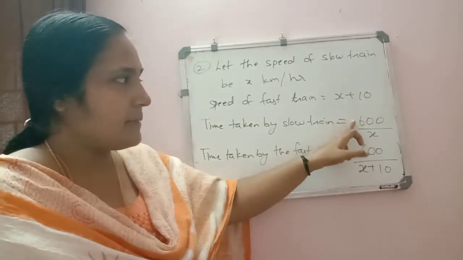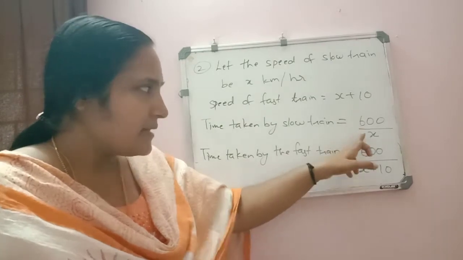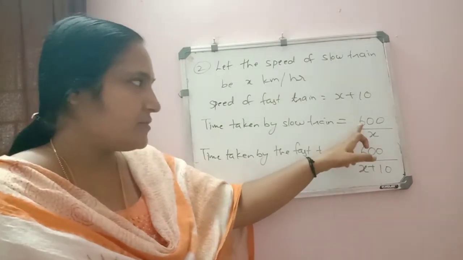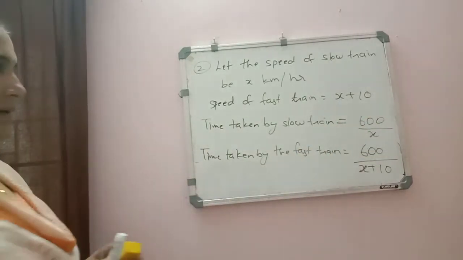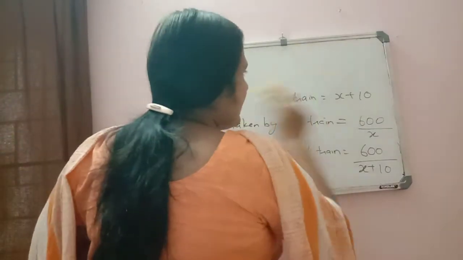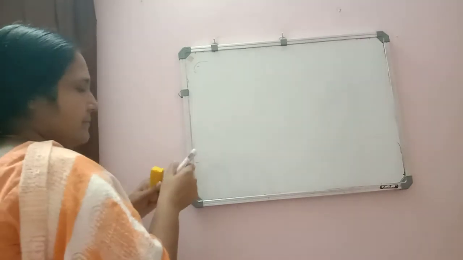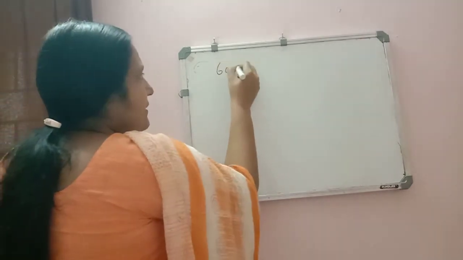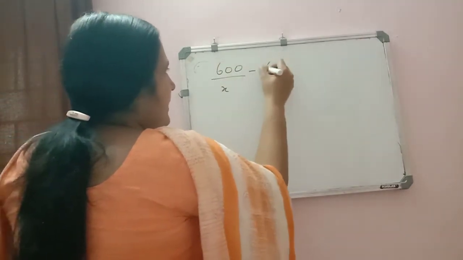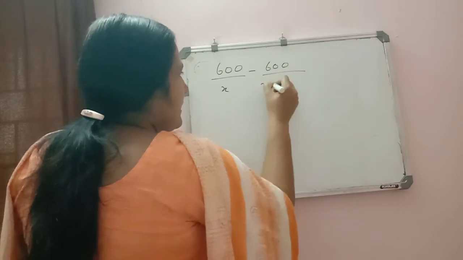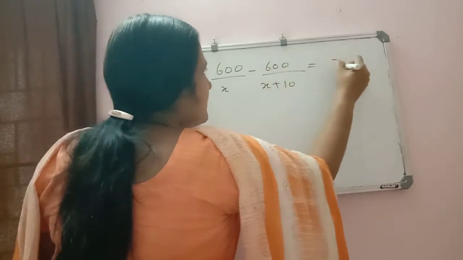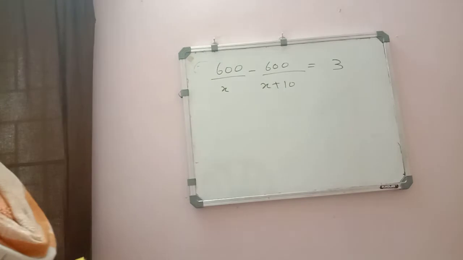Otherwise same concept here, numerator same, this denominator is smaller, so this number will be greater. So we'll write 600 by x minus 600 by x plus 10 is equal to, difference in the timing is 3 hours.